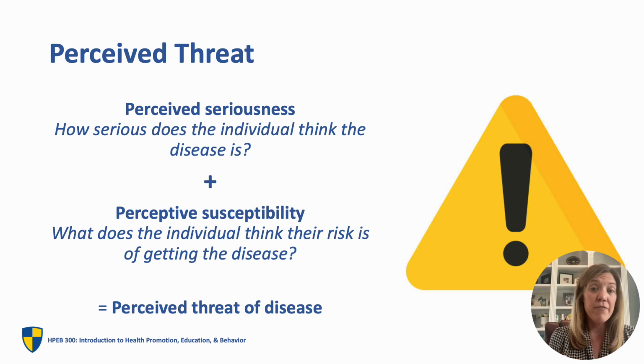So from a health educator's perspective, if we really want someone to make a change very quickly, we need to up that perceived threat level, because if someone doesn't truly believe that this is a threat to their livelihood, to their well-being, they're not going to change.